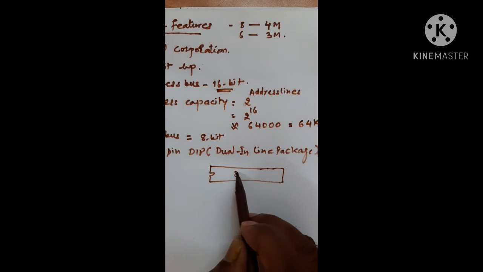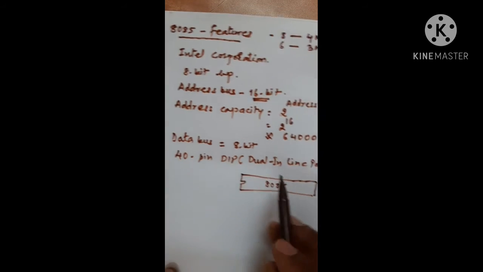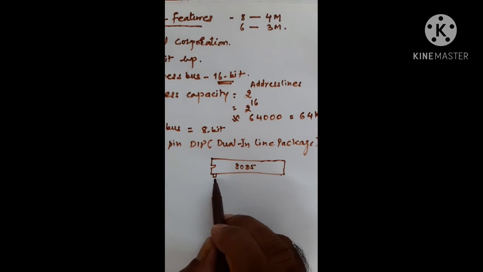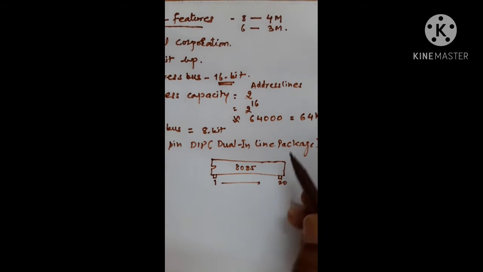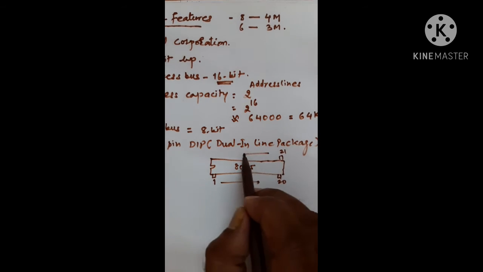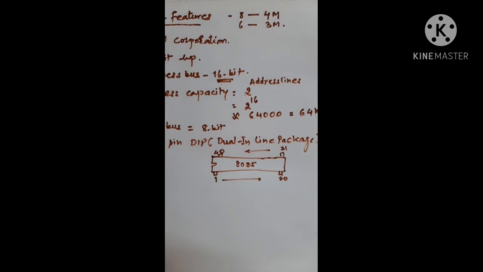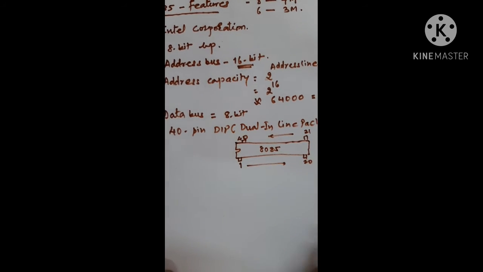So this IC 8085 is with 40 pins, and available in DIP, which means from one side pins 1 to 20 are there, and from the other side 21 to 40 pins are there. So this package is named DIP, dual in-line package, meaning on both sides the number of pins is equal.